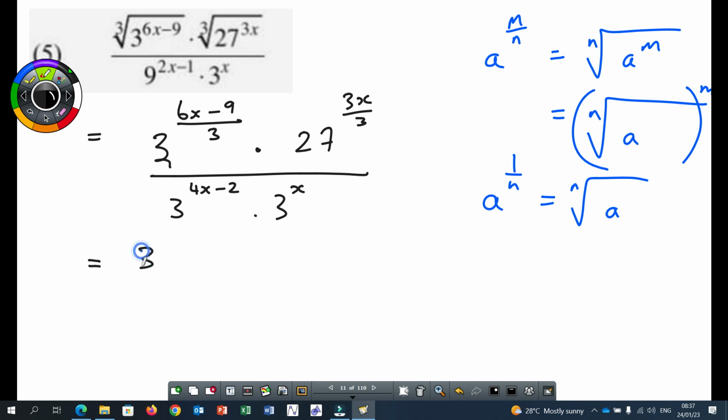I'll get 3 to the power of 2x minus 3 times 3 to the power of 3x, because 27 is the same as 3 cubed. 3x over 3 gives me x. So from that 3 cubed, the exponent is going to be 3 times the x. I'll get 3 to the power of 3x. So this will be 3 to the power of 4x minus 2 times 3 to the power of x.